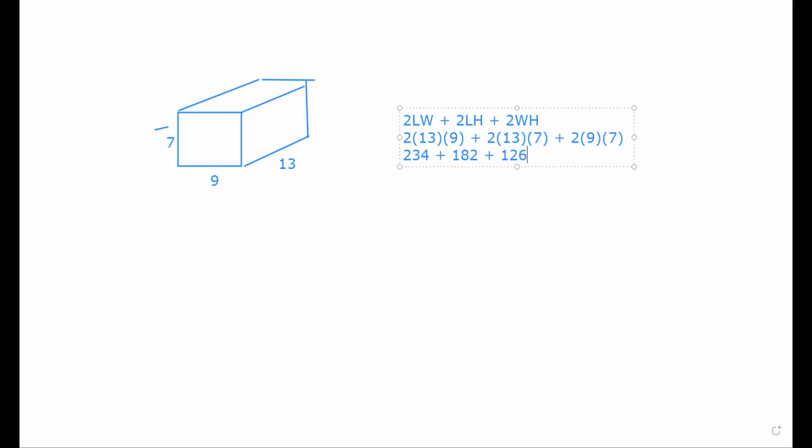Then I just have to add those together. So my total surface area is 542. I don't know if that's inches or centimeters or what, but it's really a pretty basic calculation.